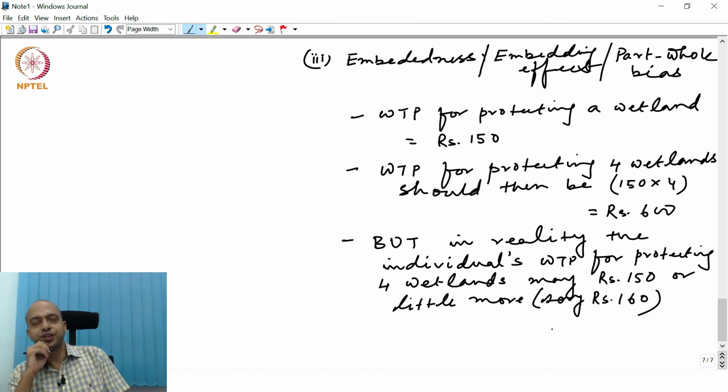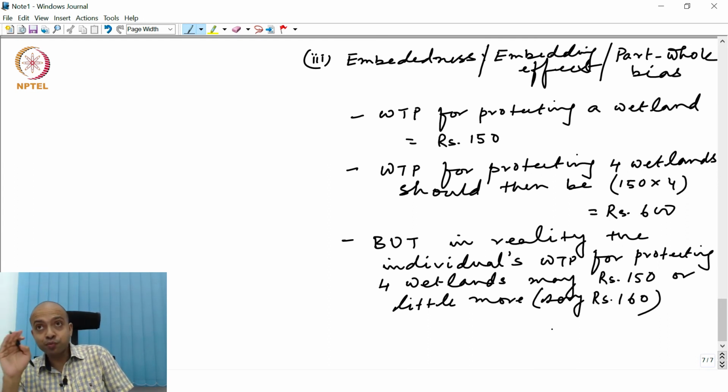That means there is an insignificant difference between the two WTPs. The WTP value for protecting one wetland and the WTP for protecting 4 wetlands, there is an insignificant difference. That problem is called embeddedness.